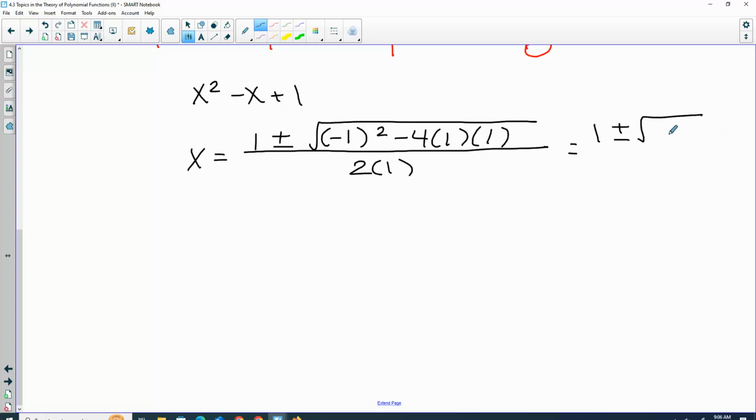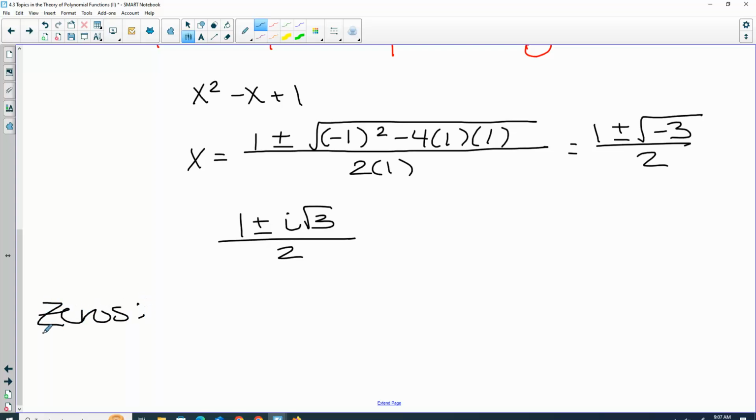This will give me a 1 minus 4 or negative 3 under my square root. Square root of negative 3 would be i radical 3 over 2. So my zeros. Imaginary numbers, we typically split that up, so we'd say 1/2 plus and minus i radical 3 over 2.